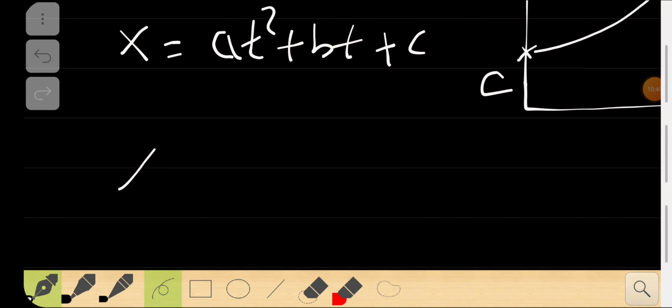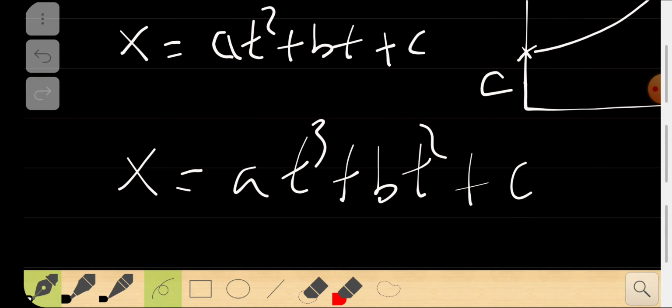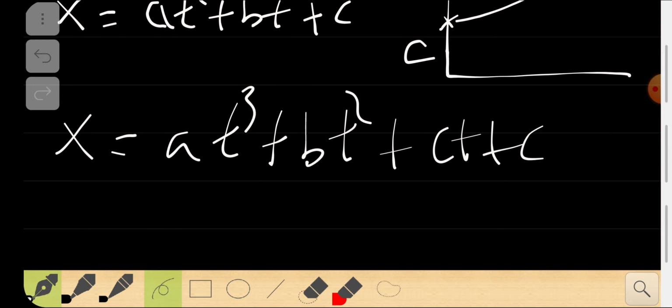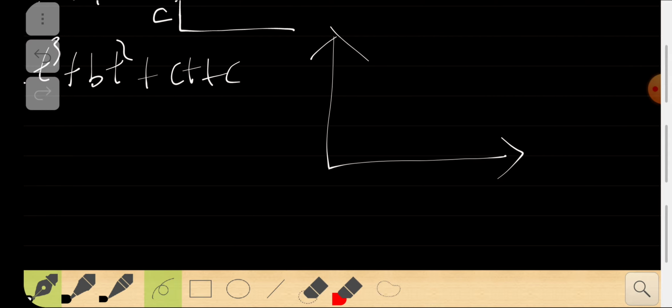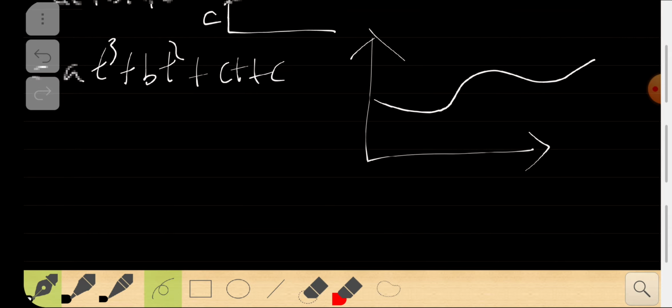Now if you go to a higher order, which is a t cube plus b t square plus c t plus d, this curve might, not necessarily, but might have a curvature like that, a dip and an up. That's how the polynomial can look.